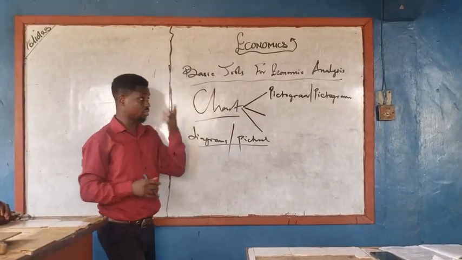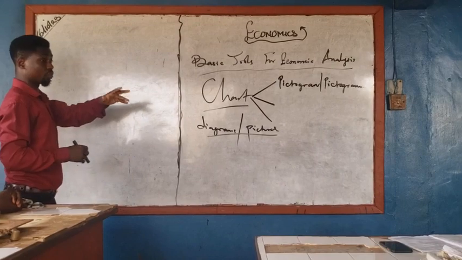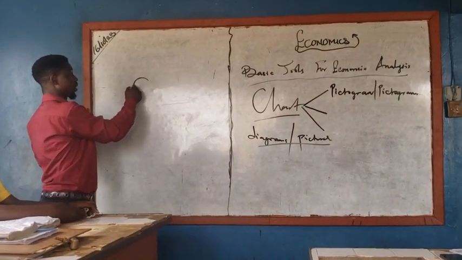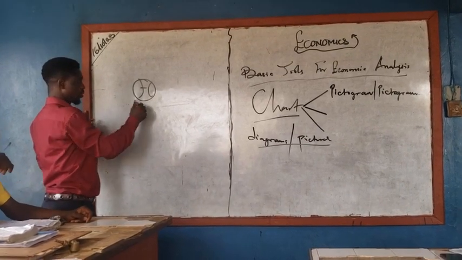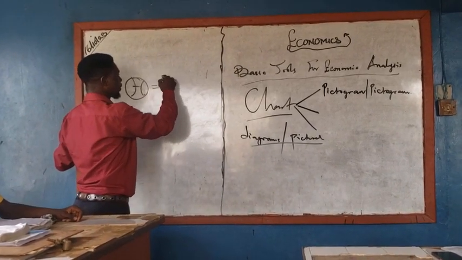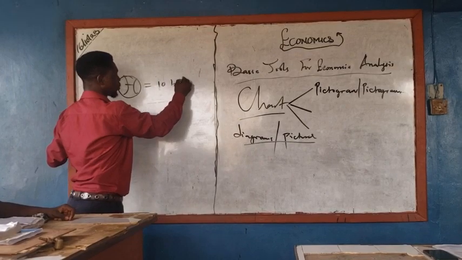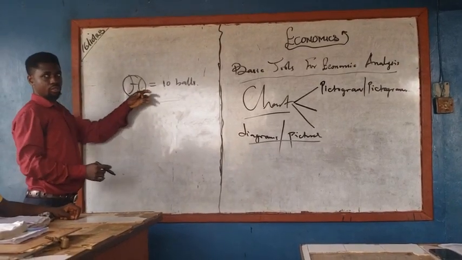For example, because that's not where I'm going, but let me just quickly explain this. You can say one ball represents 10 balls. So whenever you see one ball, it means 10.